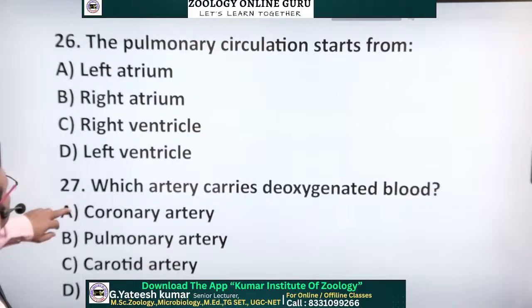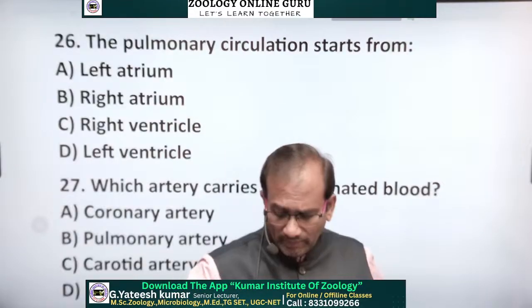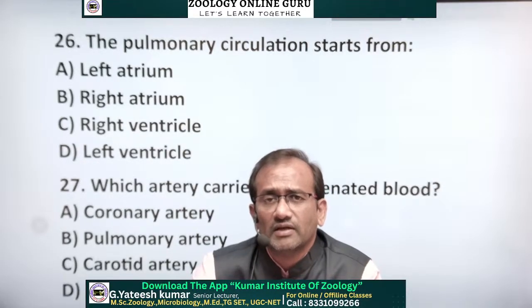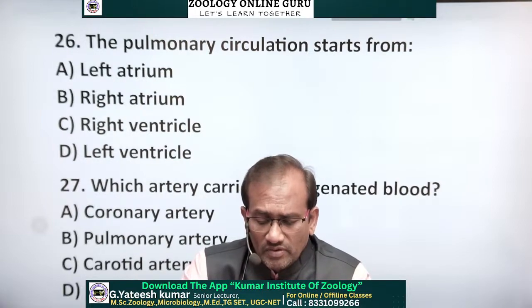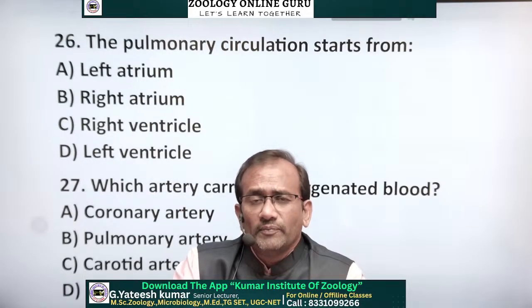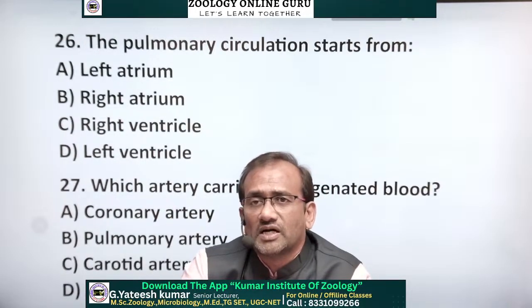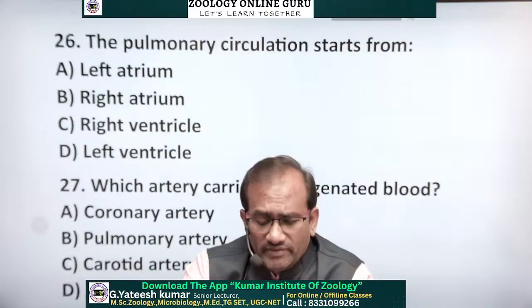Question number 26. The pulmonary circulation starts from. We have two types of circulation. One is the systemic circulation and the second one is the pulmonary circulation. In the systemic circulation, blood goes from the left ventricle to the body parts. But here he asked, the pulmonary circulation starts from: left atrium, right ventricle, or left ventricle.